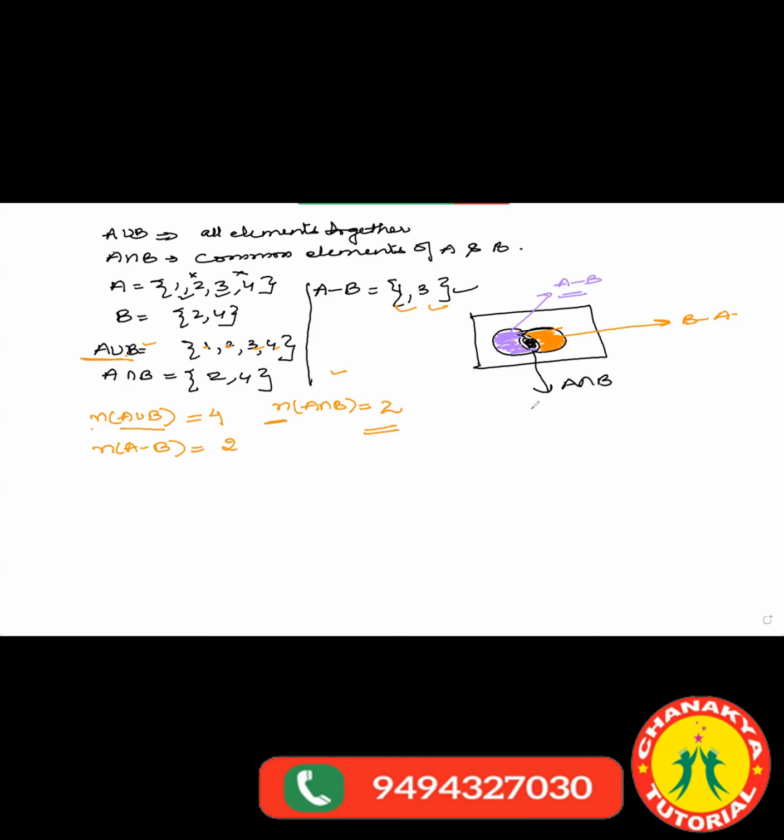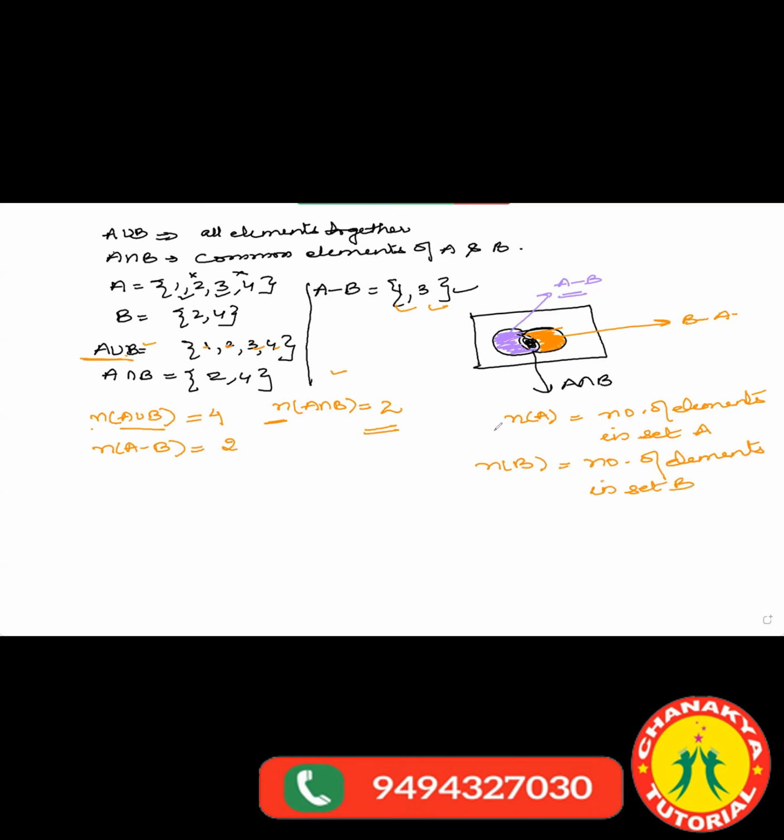Now if in any set I have written this n(A), it means number of elements in set A. In the same way, n(B) means number of elements in set B. Clear, beta?